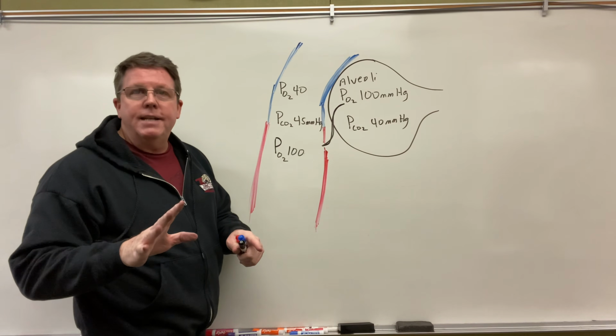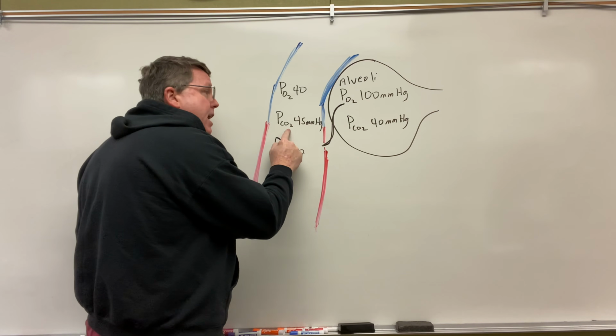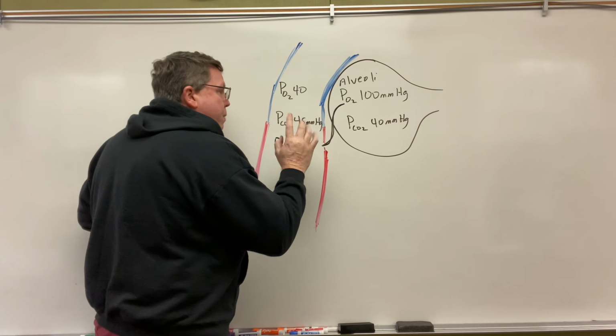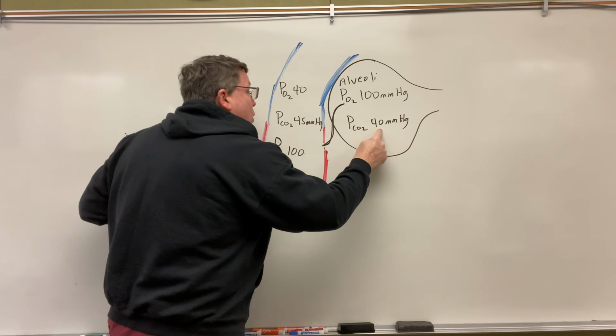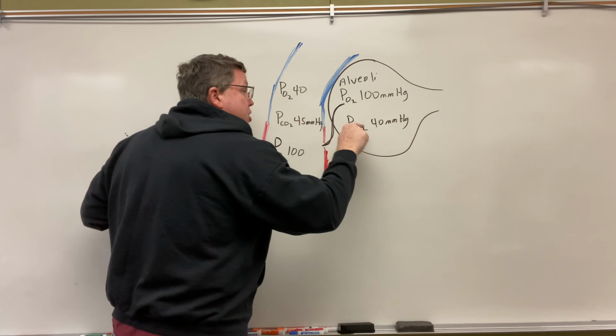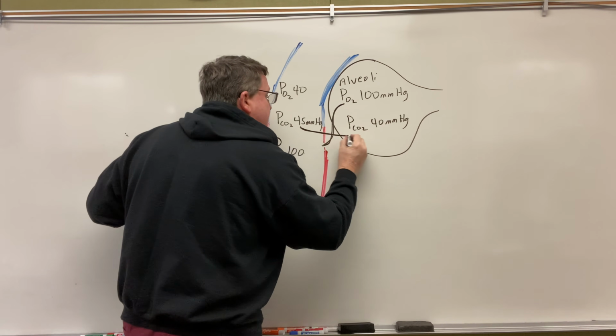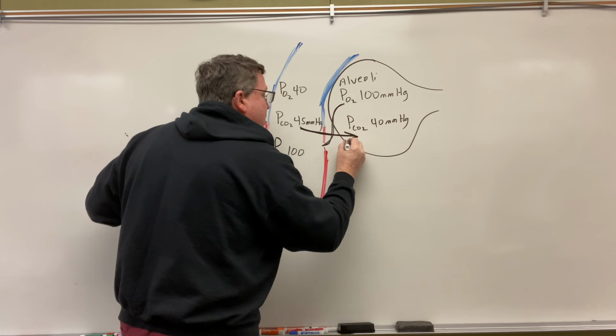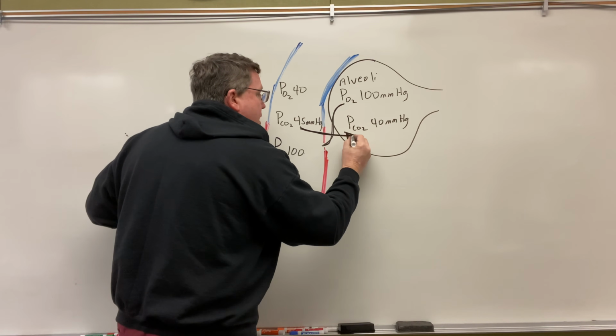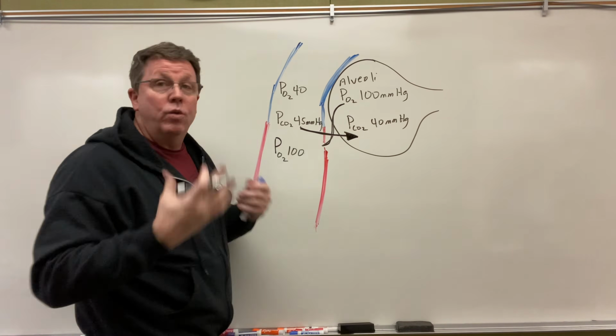Now, here's the next thing that's going to happen. See this carbon dioxide right here? Let's play a game. 45 is more than 40, so this has higher pressure than that. So carbon dioxide is going to come out of here and enter into our alveoli, and then you're going to breathe it out.